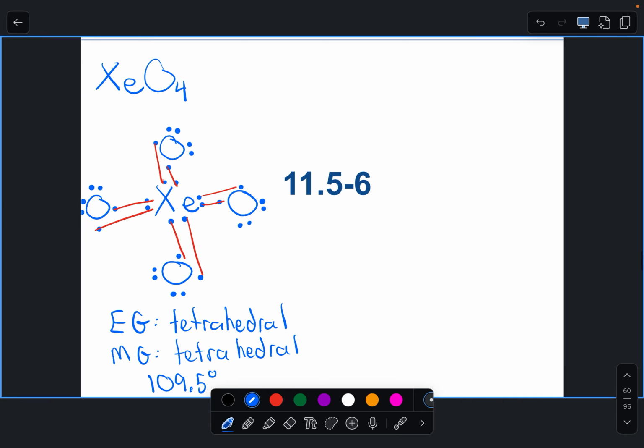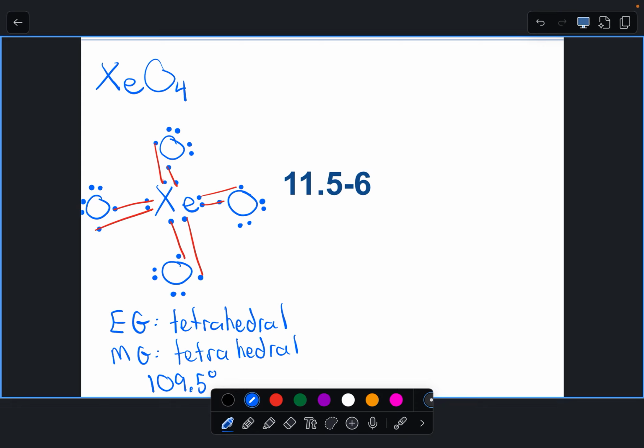Okay, next one, XeO4. I don't know why, but I really like this because it is an atypical tetrahedral. We usually just think of tetrahedral as 4 bonds and that's it, very straightforward. This one has 4 bond groups, but they're all double bonds. So I think that one's kind of fun.